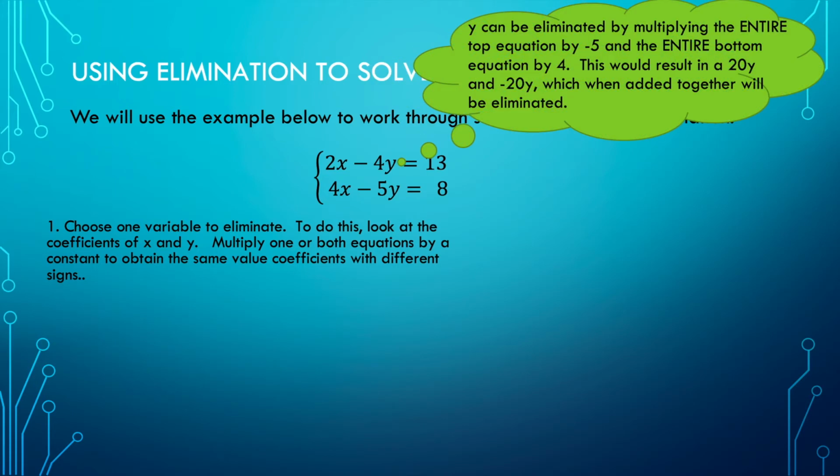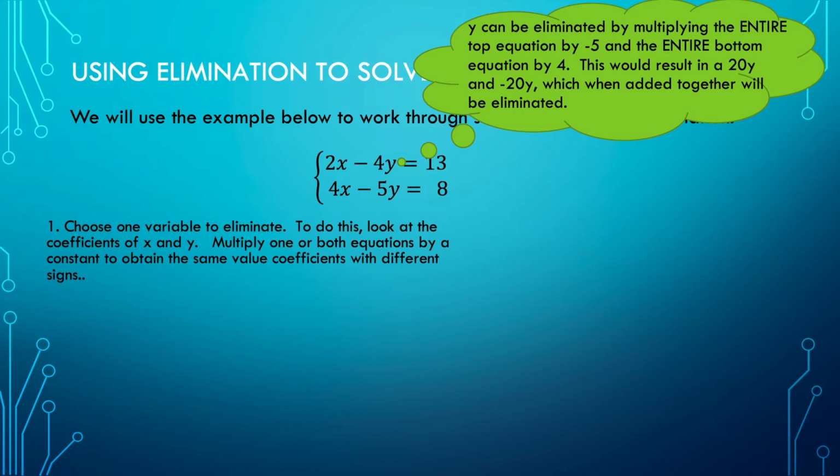Another way is we could focus on the y values. Now this one is a little bit different because 4 is not a factor of 5 and 5 is not a factor of 4. So we would have to manipulate both equations in order to make the y's disappear.